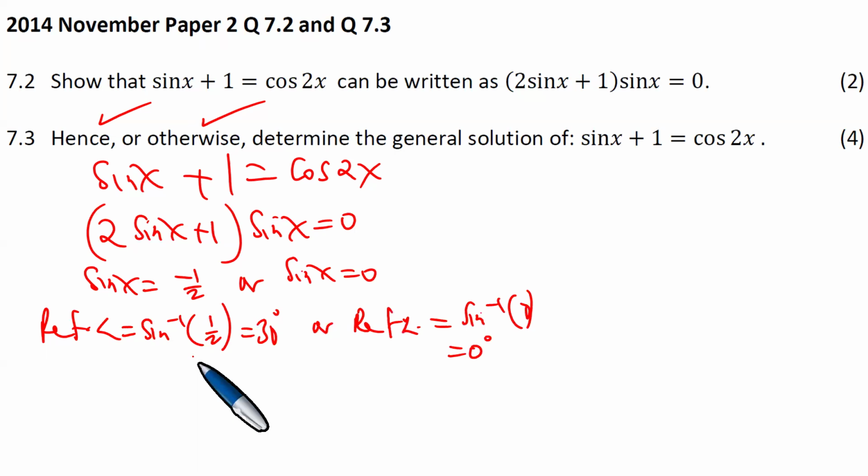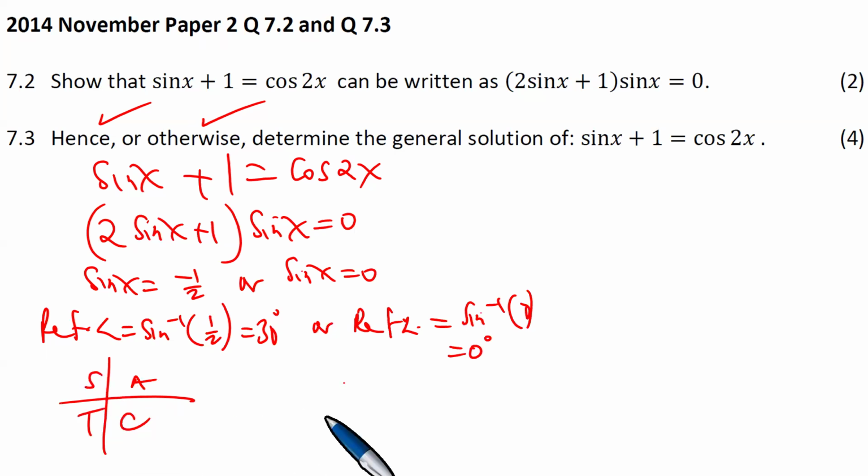So now we are dealing with this particular CAST diagram situation. Now it's going to say quadrant: the sine is negative, and the sine is negative, so quadrant 3 and quadrant 4. And here the sine is 0, it's 0 here, it's 0 there.